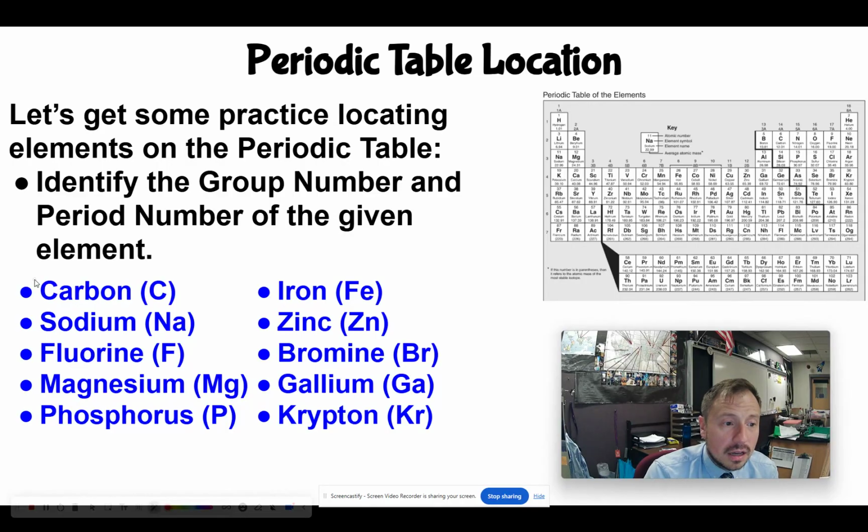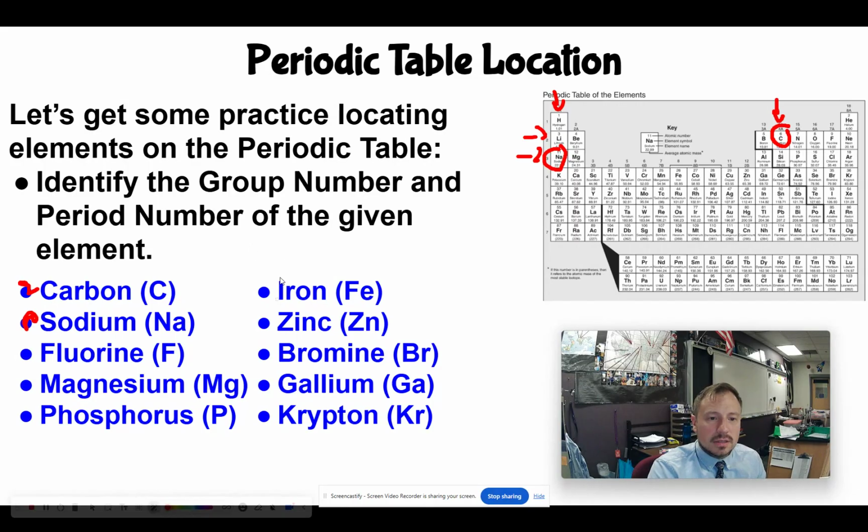I'll do the first couple over here. Carbon is right here. So this is going to be group 14, period 2. I'll do this next one over here. Sodium, right there. That is group 1, period 3.